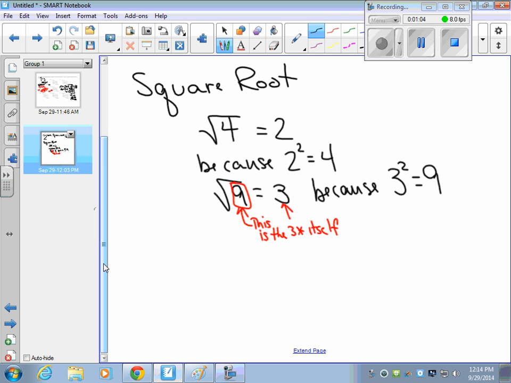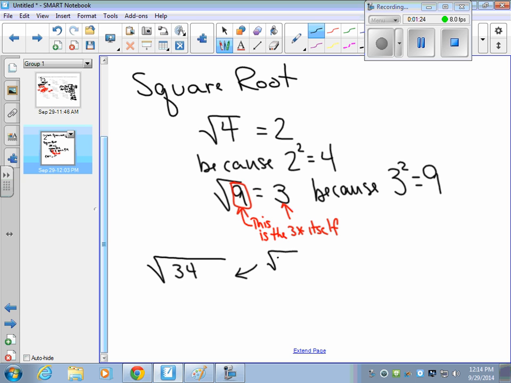And so if I have to evaluate something like the square root of 34, that is a number that I can't really do without a calculator, but I can get close.